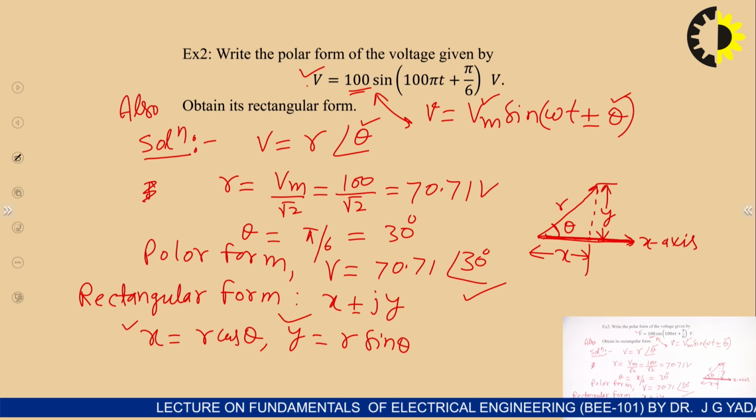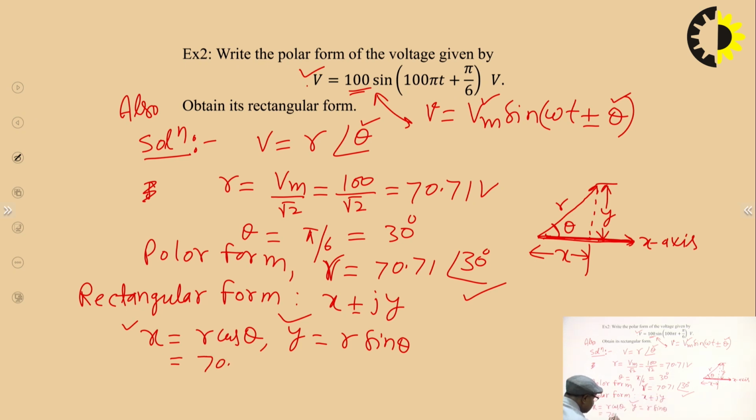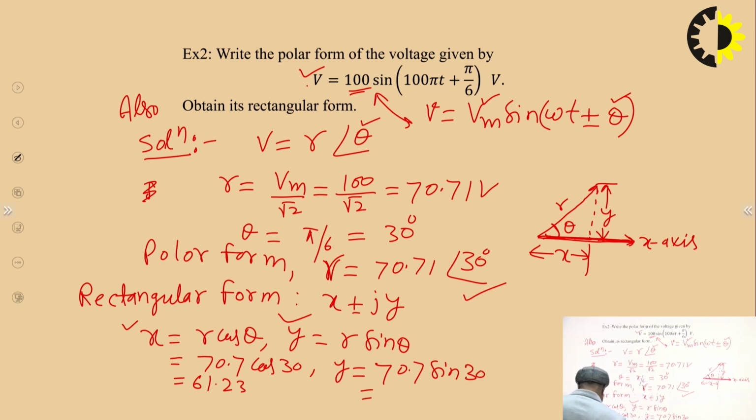So if it is given in polar form, we can very easily calculate it in rectangular form, since r and theta are given. So x will be 70.71 cos 30 degrees, and its value will be 61.23, and similarly y will be 70.71 sin 30 degrees, and its value will be 35.35.